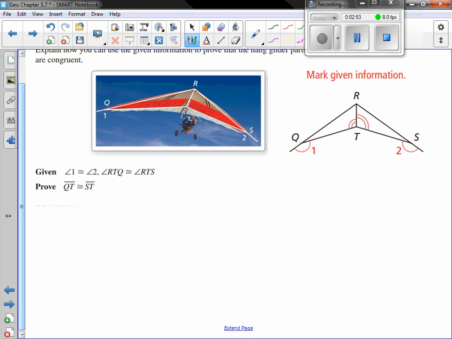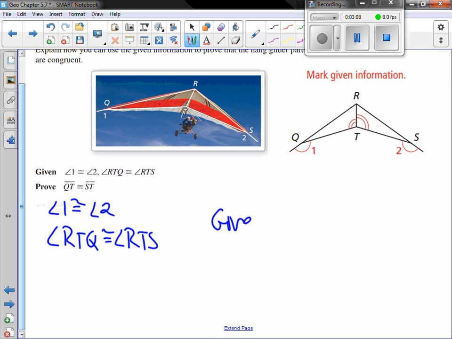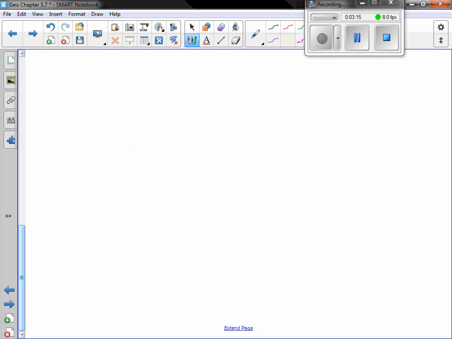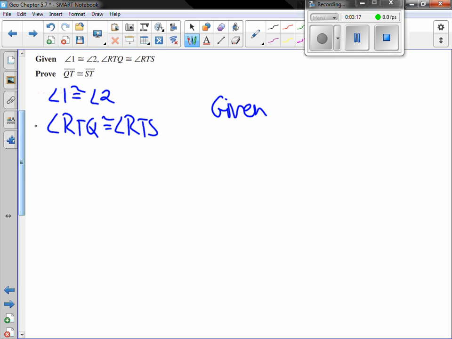Now, looking at this here, they gave us some given information. They said angle 1 is congruent to angle 2, and angle RTQ is congruent to angle RTS. This is our given information. This is just what we're told.